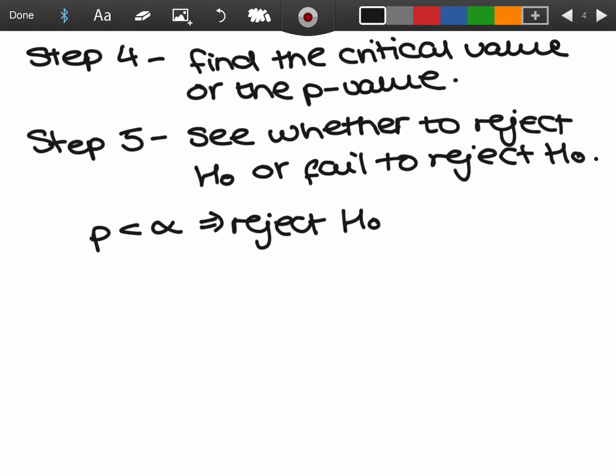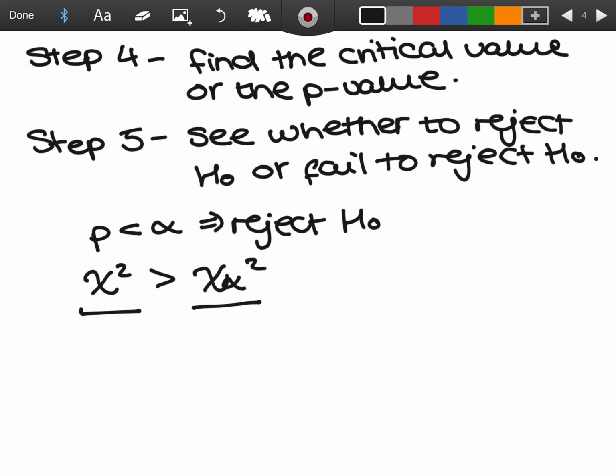Because this thing is always one-tailed, the other reason that you would reject the null hypothesis is because your test statistic is greater than your critical value. So we call chi-square our test statistic, chi-alpha square is your critical value.